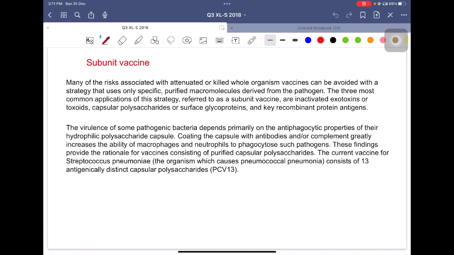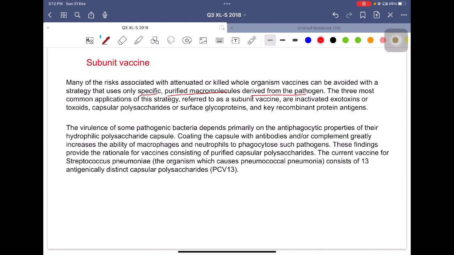There are many risks with attenuated or killed whole organism, as we were talking about, and these risks can be avoided by a strategy which uses only specific purified macromolecules which are derived from the pathogen. So we will not heat inactivate or chemically inactivate the virus, or attenuate the pathogen. Rather, we will use a purified macromolecule from the pathogen as a vaccine. So that is subunit vaccine.